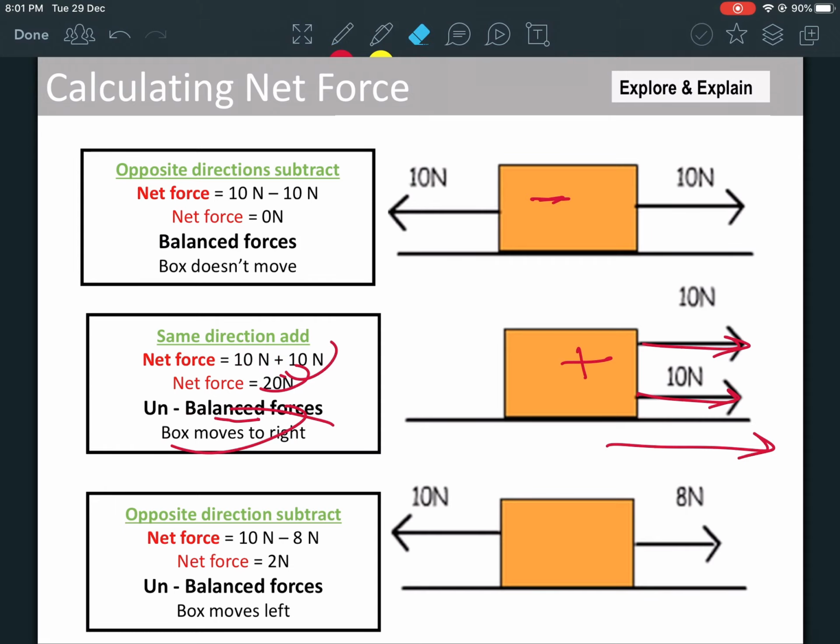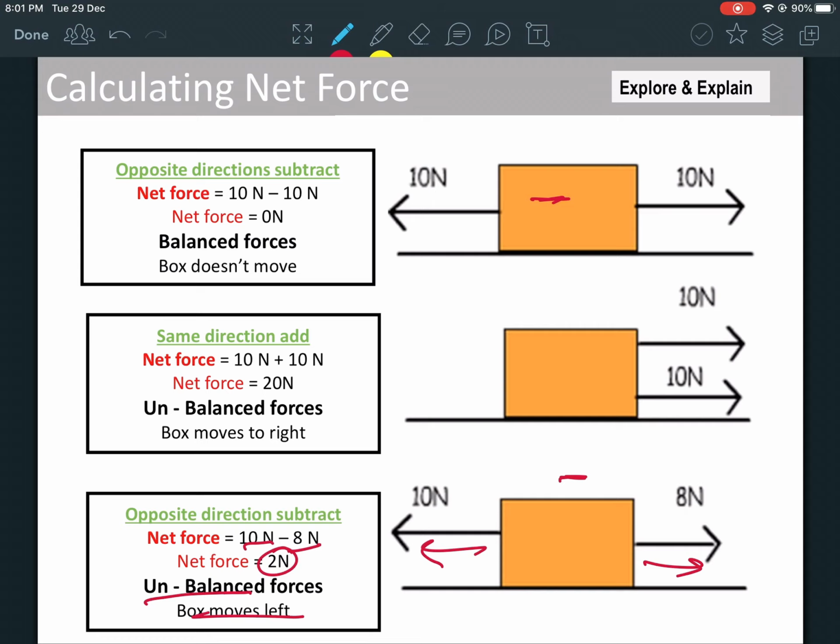Okay, so there's another type, also with opposite directions. 10 newtons this way, 8 newtons that way, and we have to subtract here. So 10 minus 8, you get 2. These are unbalanced, and the box would move left, this way. Why? Because this is moving it with a stronger force. 10 is more than 8.